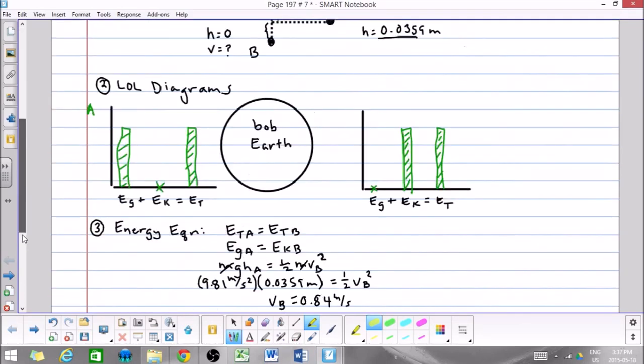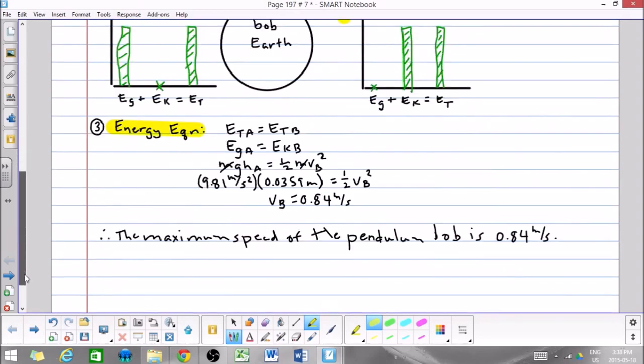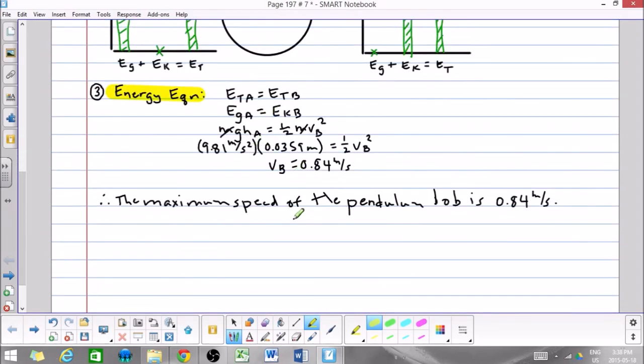Once that's set up, you move to your energy bar diagrams, identify your system and the energy before and after. There you go. And once your LOL diagram is set up, you head straight into your energy equation, and the solving is fairly simple from that point on. So that's how it works. Good luck with your own.